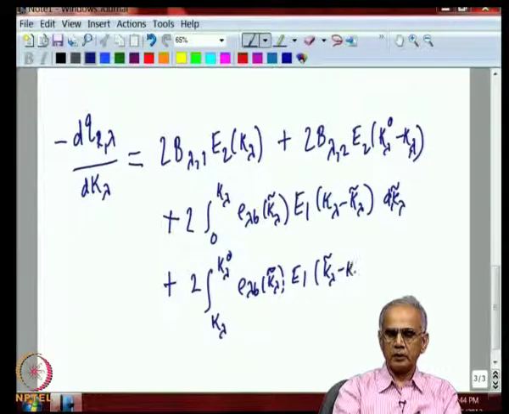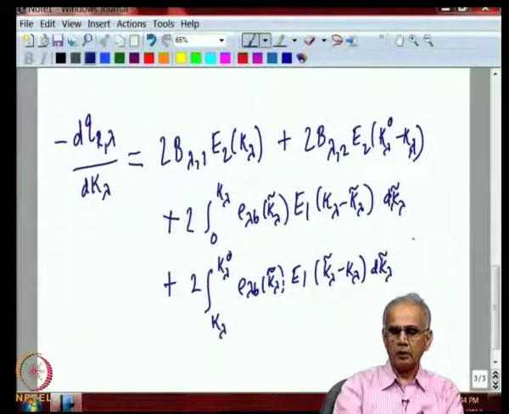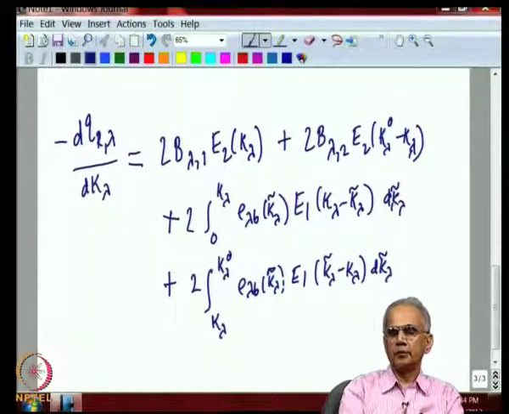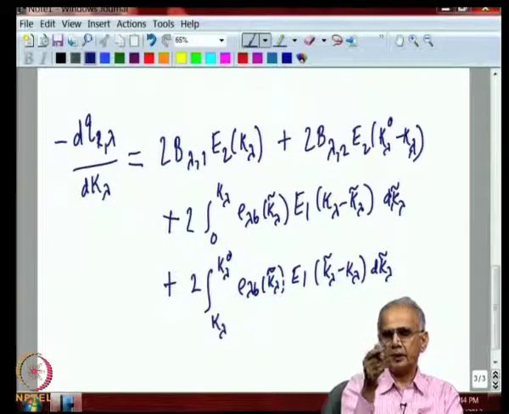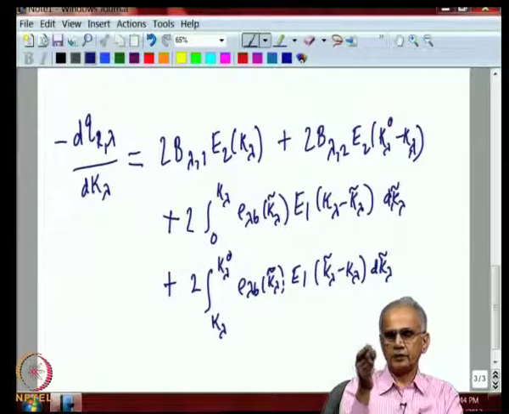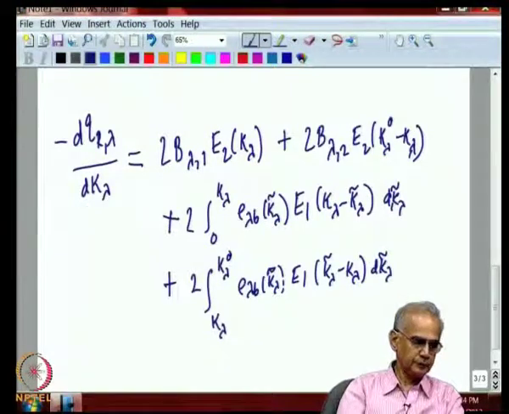Although I am not showing the detail of the derivation, you must be able to do this from the previous equation for q r lambda by differentiating, applying the Leibniz rule for differentiation of an integral, which was discussed in the last class.